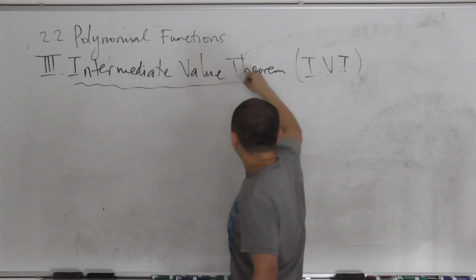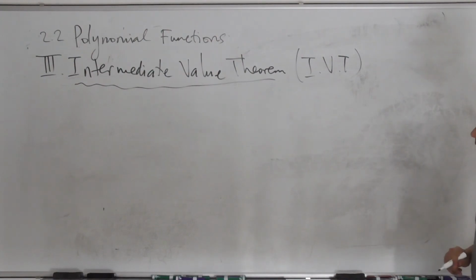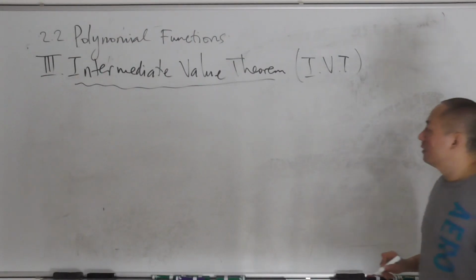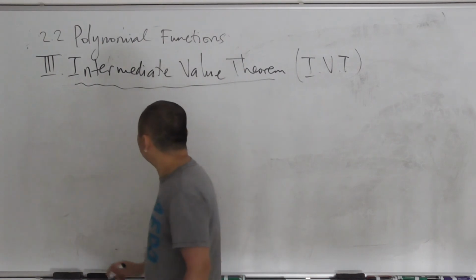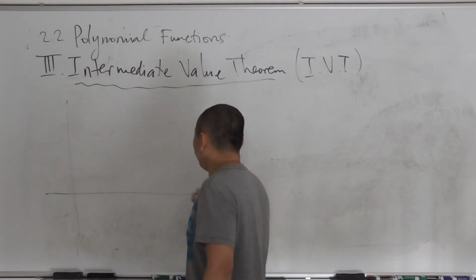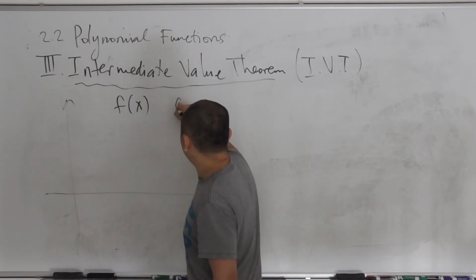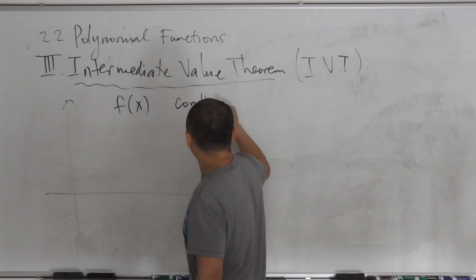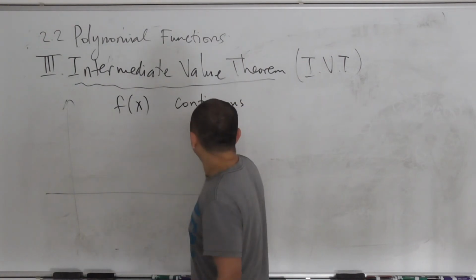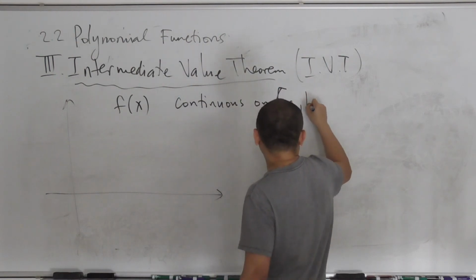And let me first of all explain the idea, the concept of this theorem, and then after this I'll give you the formal writing for the theorem. Pretty much the theorem says this. If you have a function f of x which is continuous on a closed interval, a to b.